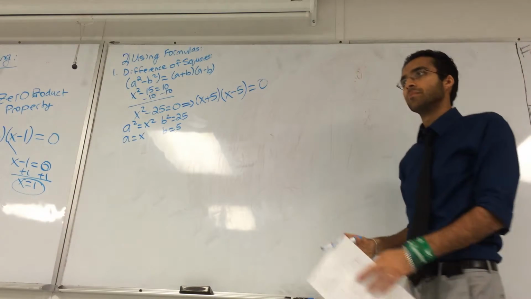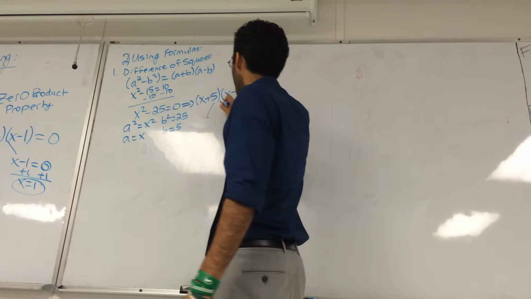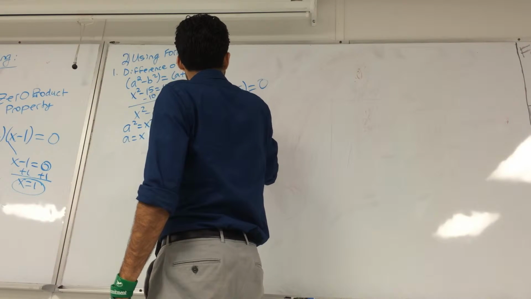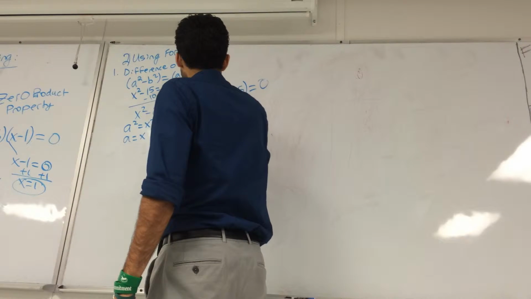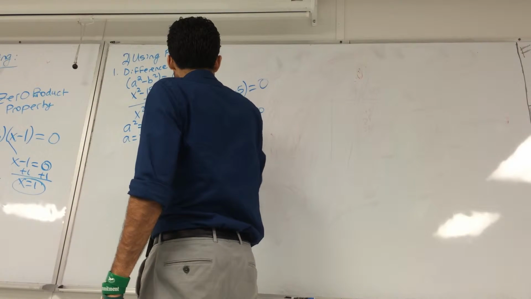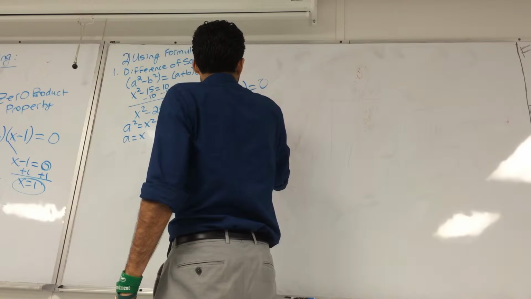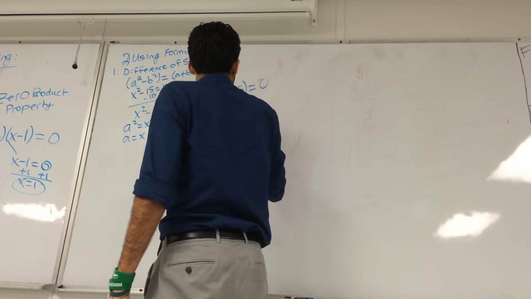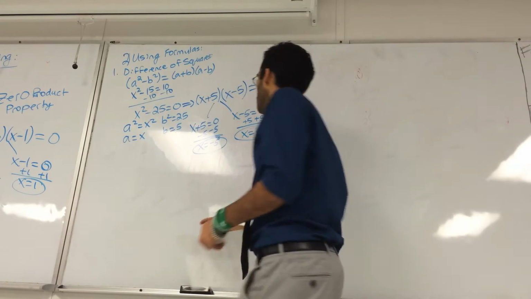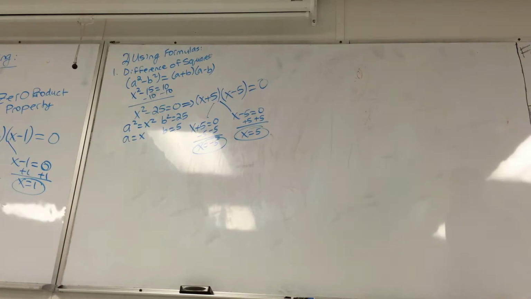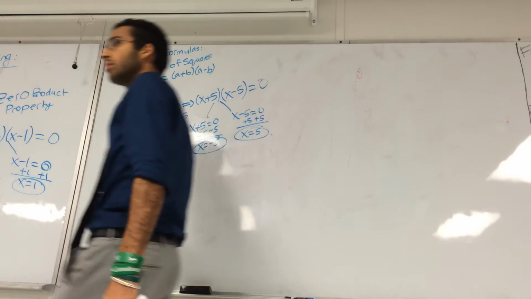And now we want to find the roots, split it up, each one equals 0. Minus 5 on both sides. So let's stop here and see if there are questions on this strategy right here.